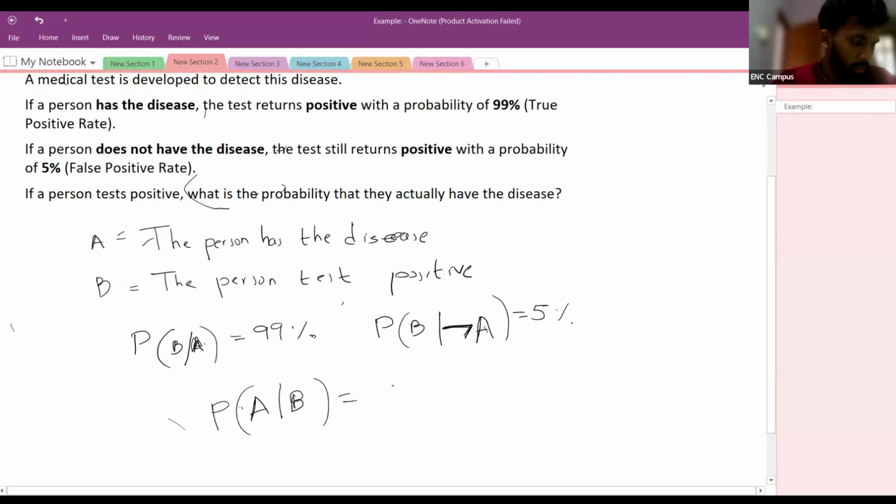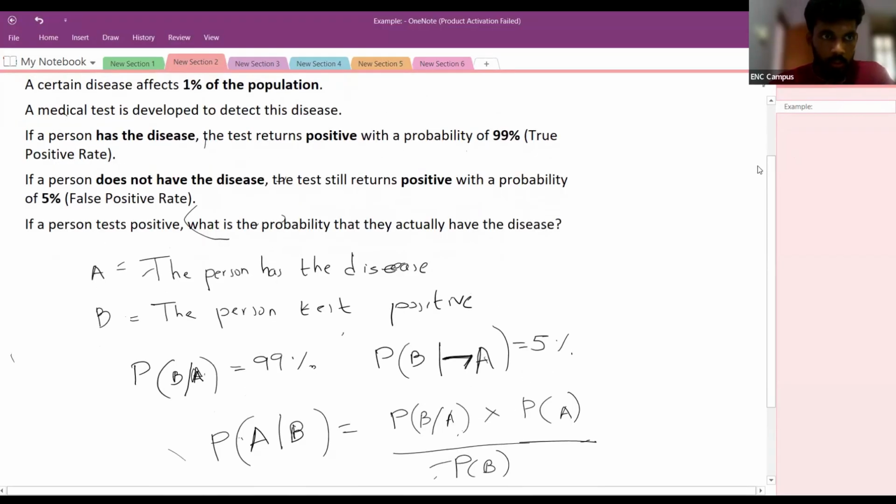My equation is probability of B given A multiplied by probability of A, divided by probability of B. We say the certain disease affects 1% of the population.